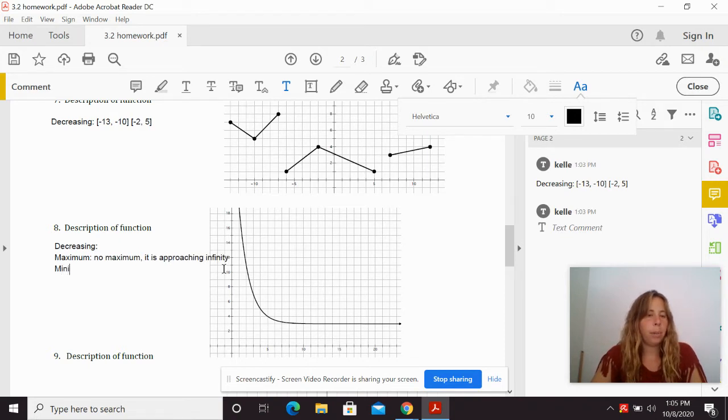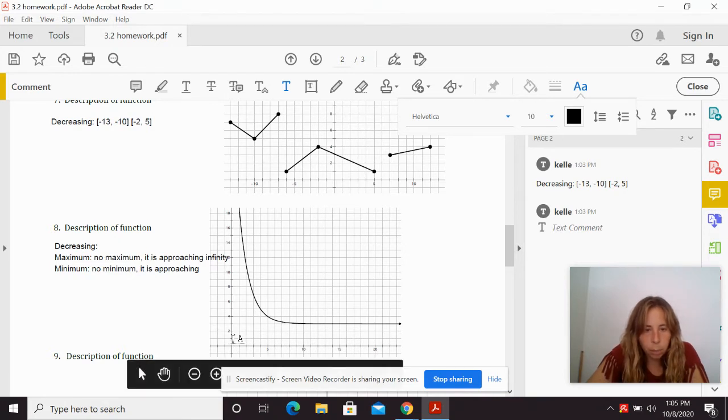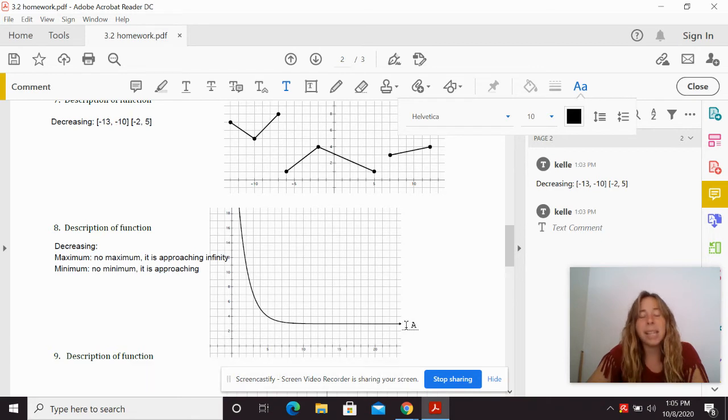What about a minimum? No minimum, because it's literally continuing on forever. It's approaching 3. You see how this is y equals 2, this is y equals 3? It looks like it's on that line, but it's not actually touching that line. It is getting as close to that line as possible. It is approaching 3.